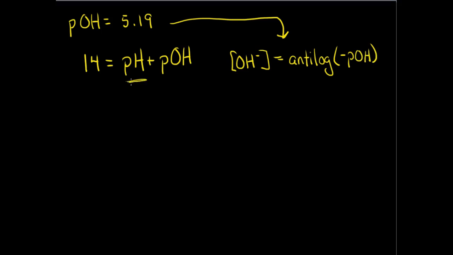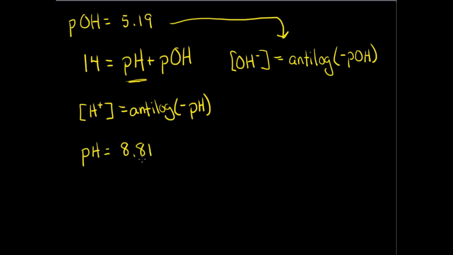And then once you have your pH from this calculation, you do the same thing over here, except with hydrogen. Hydrogen concentration equals antilog of your negative pH. And then if you're figuring if it's acid or base, it's going to depend on your pH.